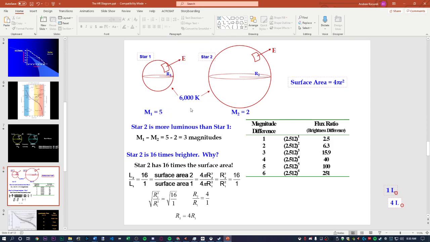So this one, since it's 3 magnitudes bigger, it has about 16 times the surface area. Okay. So, surface area of a star. It's 4 pi r squared. Okay. So the luminosity equals the surface area of this star.